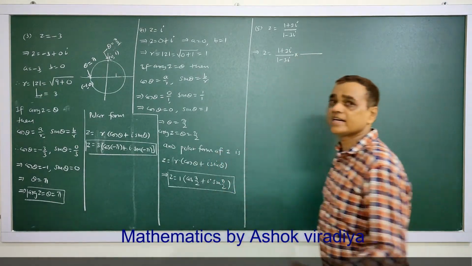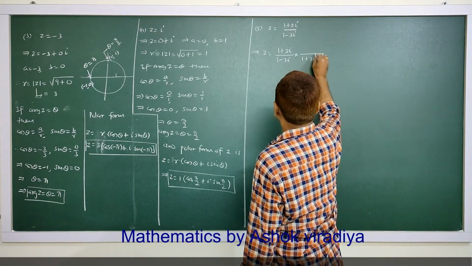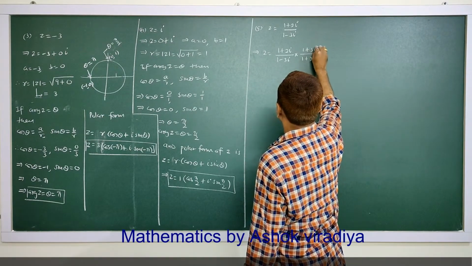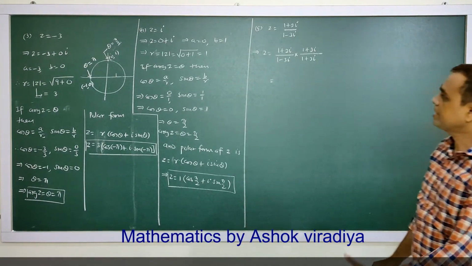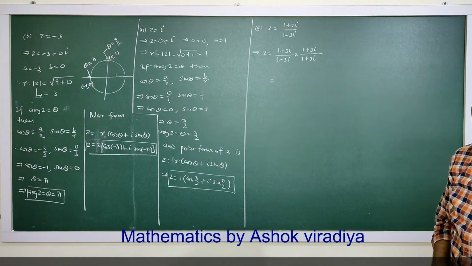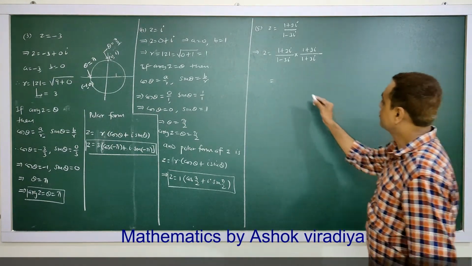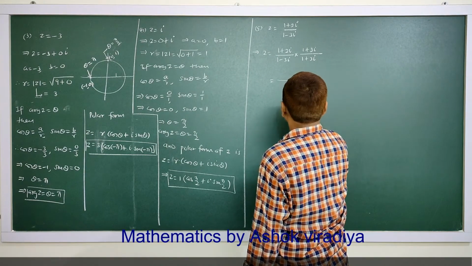Multiply and divide by 1 plus 3i, the conjugate of the denominator. The denominator will be 1 minus 9i square.